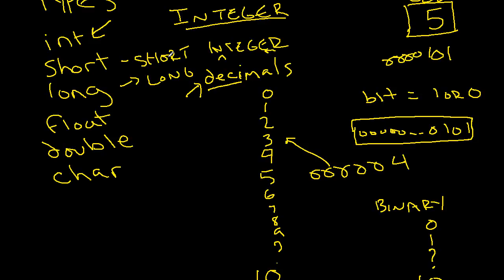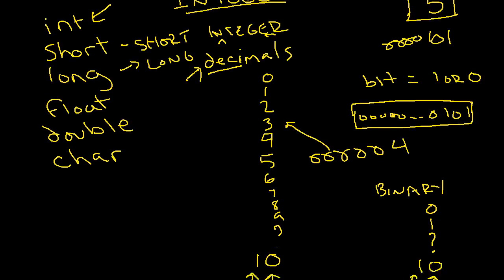And the downfall of a short is that because you only have 16 columns, you can only represent so many values, which turns out to be about 32,768. If you go over that, screwy stuff starts happening. 32,000 is a big number, but it's not that big.